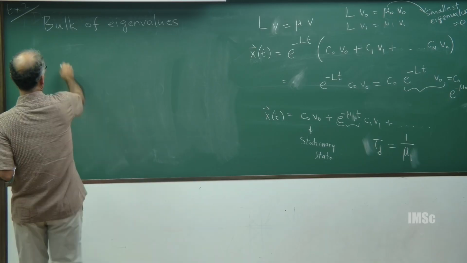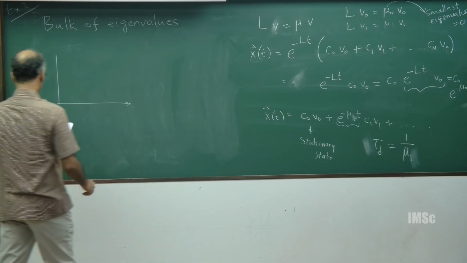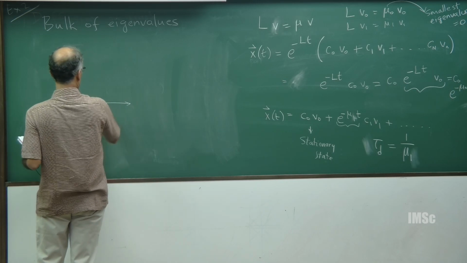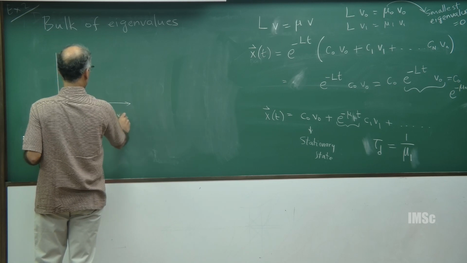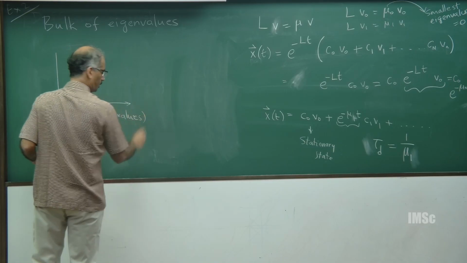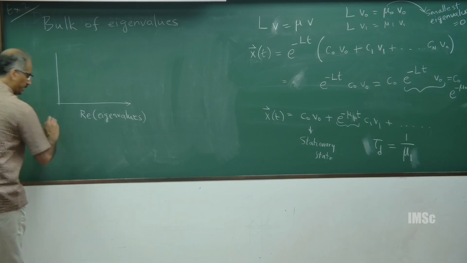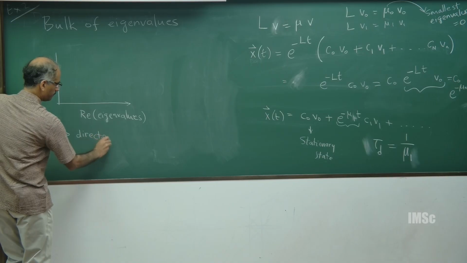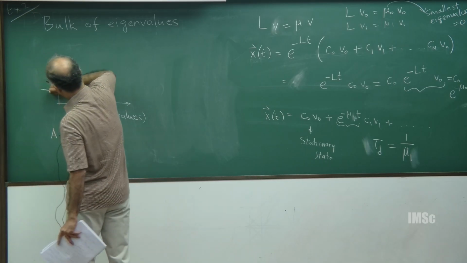Typically this is what happens. Let me first show you through a graph. I plot the real part versus the imaginary part of the eigenvalues. For this graph I am looking at the adjacency matrix, which is directed, so the eigenvalues are complex numbers with a real part and an imaginary part.